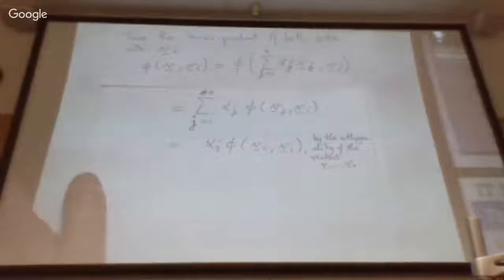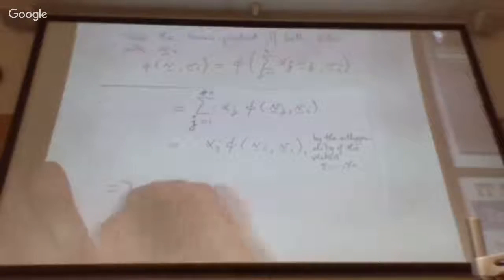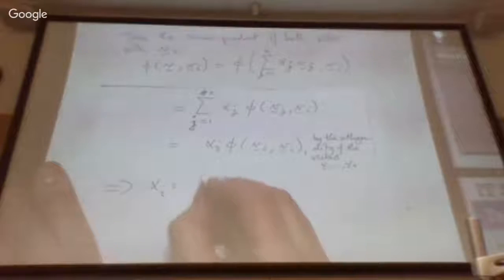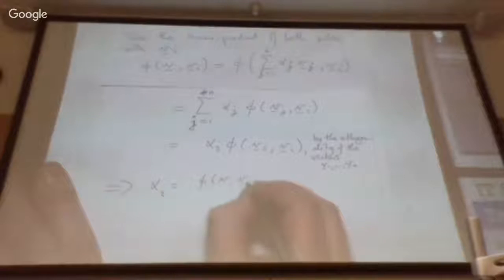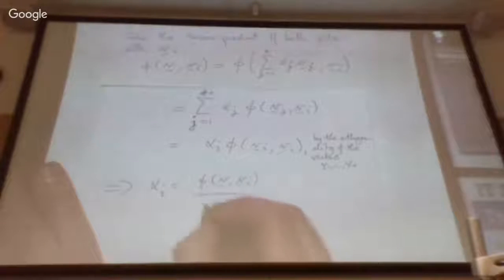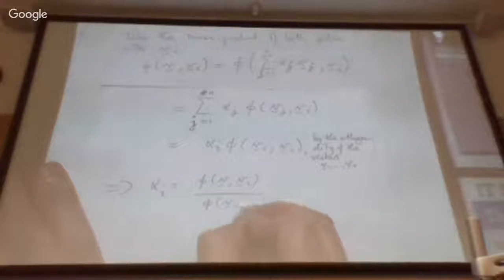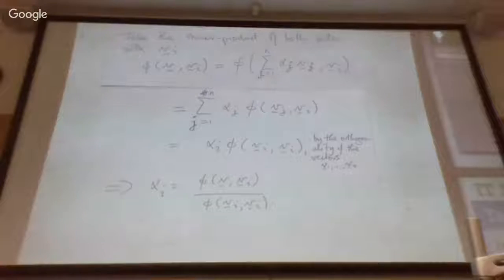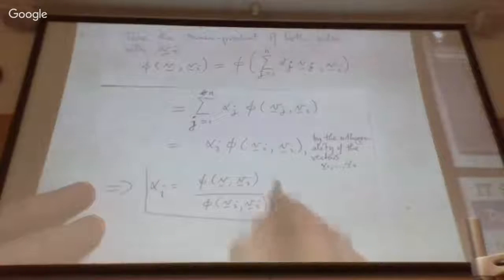So then this equation you can immediately turn around: alpha i is the inner product of v with vi divided by the inner product of vi with itself. So that's exactly the equation in the statement of theorem 4.2, and that's the proof of theorem 4.2.